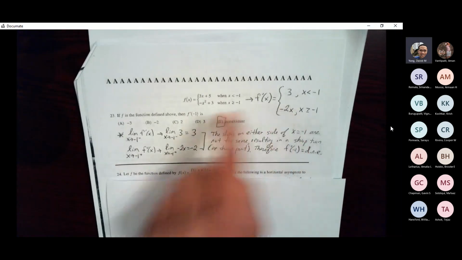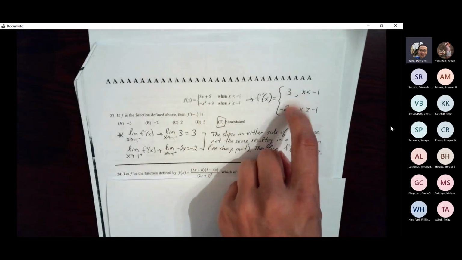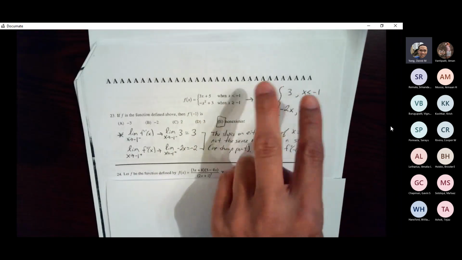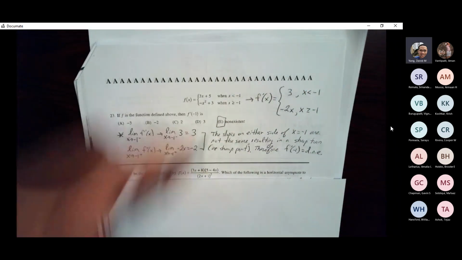So in order for our slope to exist, if we have different slopes arriving at the same point, then we're going to get a graph that is not going to be smooth. Plug -1 in for x, I get +2, and I get a positive 3.